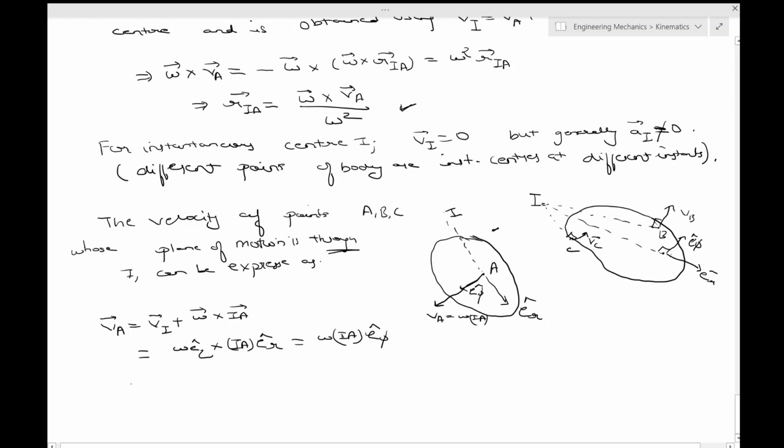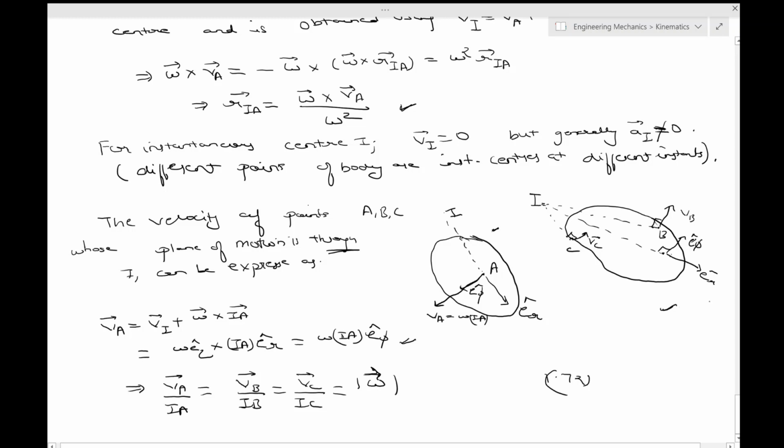This would imply that you can write VA by IA is equal to VB by IB, and for any other point C it will be equal to just the magnitude of omega. From this expression we can write that. So that has been shown all that over here.